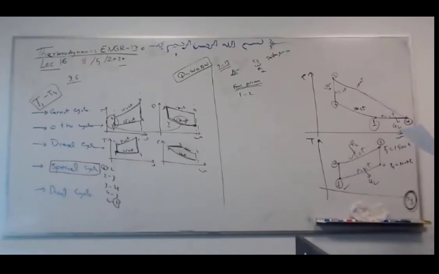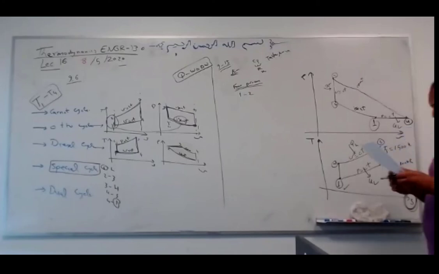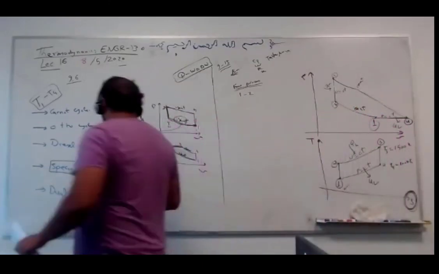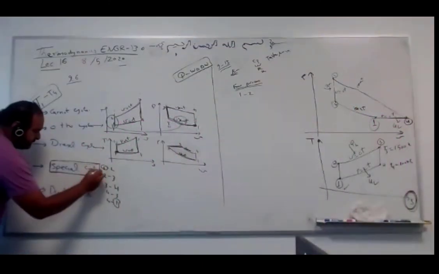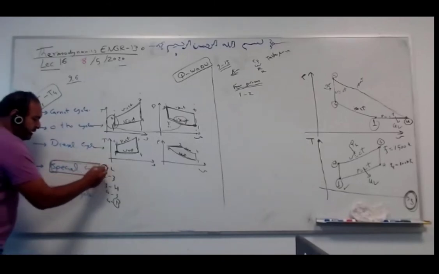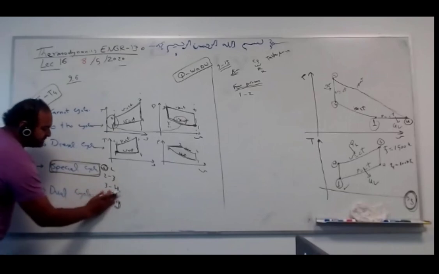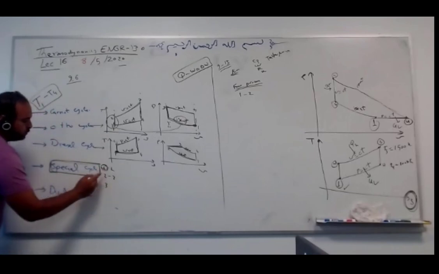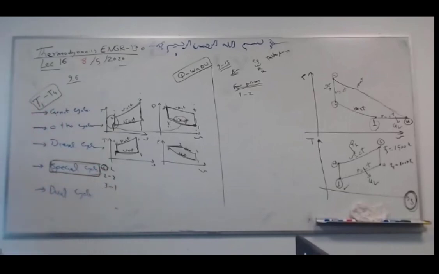Volume constant, pressure constant, isentropics, heat rejection, that's it. This is called a special cycle. It means I'll give you details between 1 and 2, 2 to 3, 3 to 4, 4 to 5, 5 to 6, then back to 1. This is called a cycle. From 1 to 1. It can be just 1 to 2, 2 to 3, 3 to 1. Yes, it can be like this.